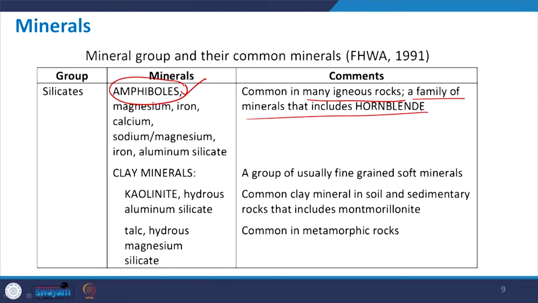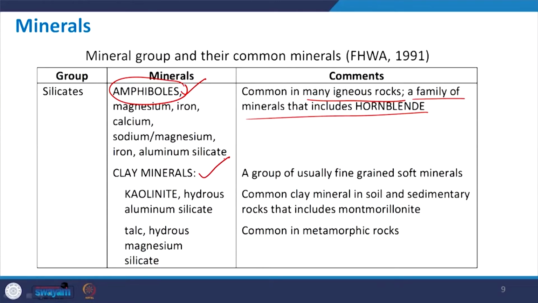Once I discuss all these mineral groups and the rocks, I will show you some pictures related to these minerals and rocks, and then you will be able to connect this discussion with those pictures. Okay. Now coming to the next category of minerals, the clay minerals. You must have heard about it in your soil mechanics class: kaolinite, illite and montmorillonite.